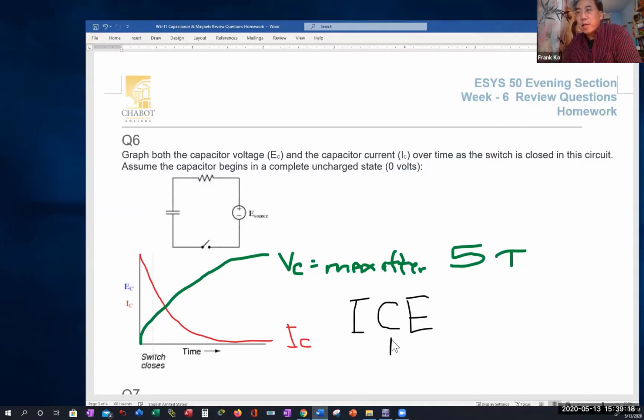Because C stands for a capacitor, and we happen to have a cap in this circuit. In a cap circuit, when we look at these curves, current is at maximum, red up here, before voltage reaches maximum at the end of 5 time constants. So this is the thing to remember, and this is what your curves should look like for number 6. Any questions on this for number 6?